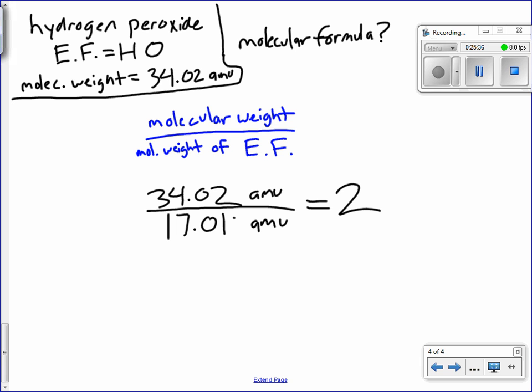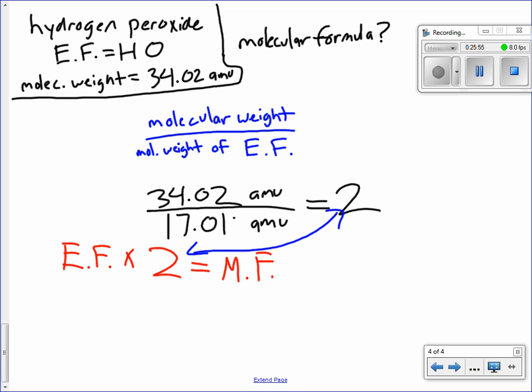So our empirical formula times 2, and we're using this 2 here. Okay, empirical formula times 2 equals molecular formula in this case.